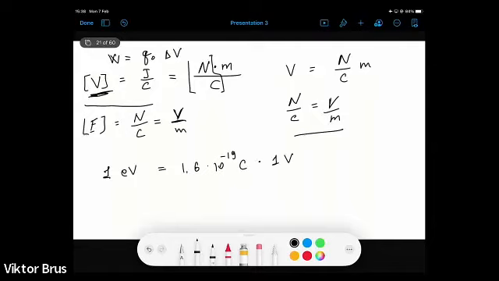So that will be 1.6 times 10 to minus 19 joule.